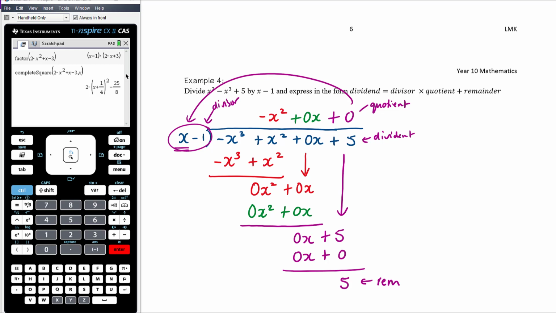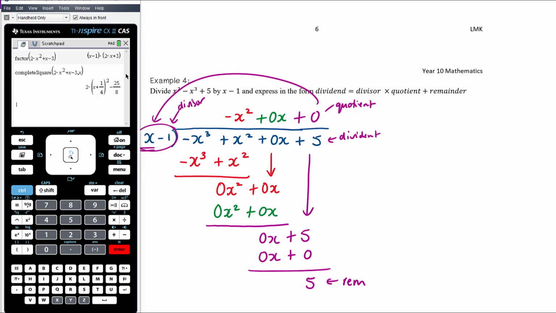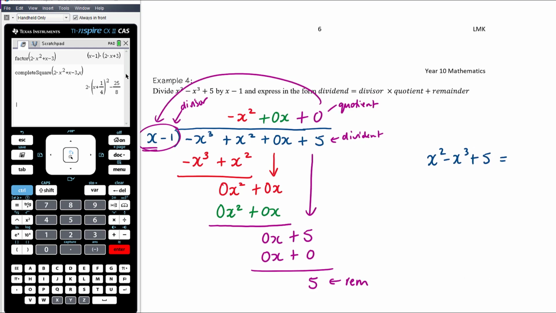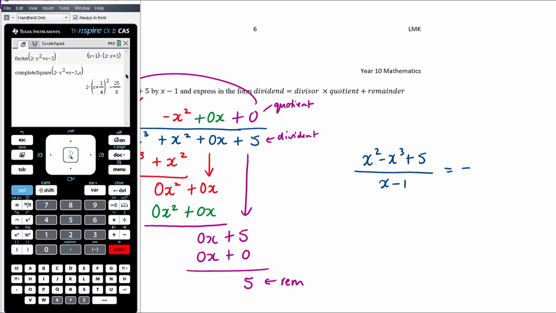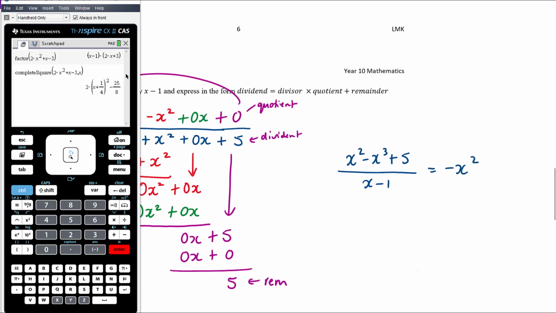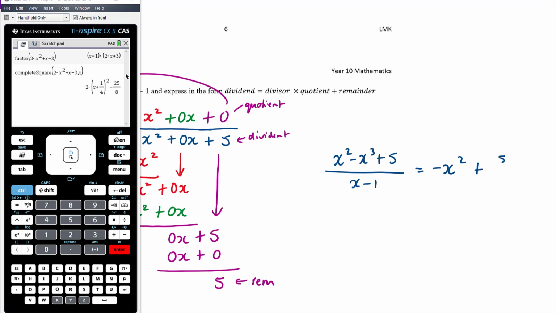Okay, so we know that the dividend, let's write it back how it was, so it's negative x cubed plus x squared plus 5. The dividend is equal to, well, I'm going to get to that answer first. So we did that divided by x minus 1, and we found that it's equal to our quotient, which is just negative x squared, okay, plus the remainder, which is 5, over the divisor, which is x minus 1.